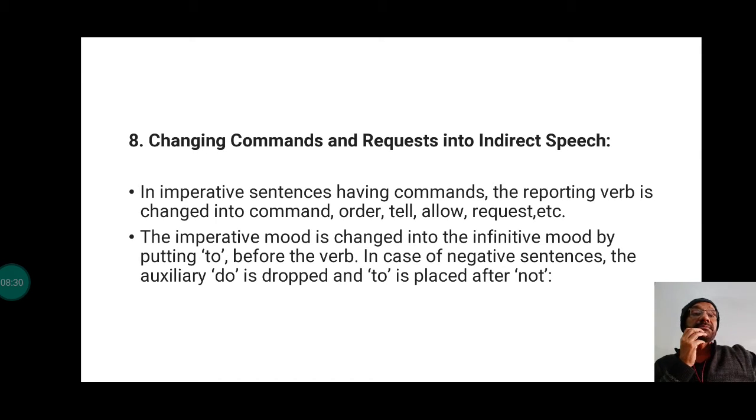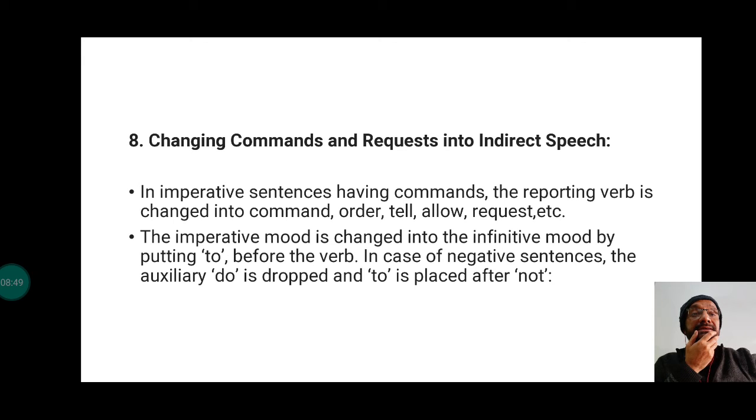Now, changing commands and requests into indirect speech. These are imperative sentences. In case of an imperative sentence, you have to change it again into an assertive sentence. What are the rules?